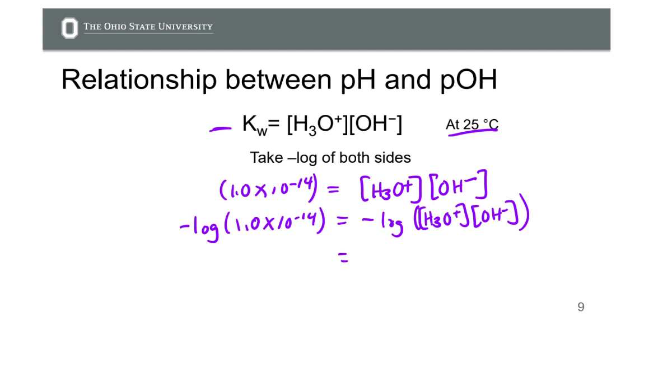So on the right-hand side we have minus the log of H3O plus minus the log of OH minus. And on the left-hand side, minus the log of 1 times 10 to the minus 14 is 14.